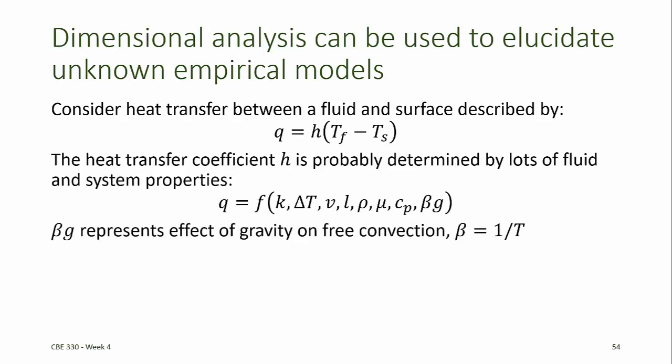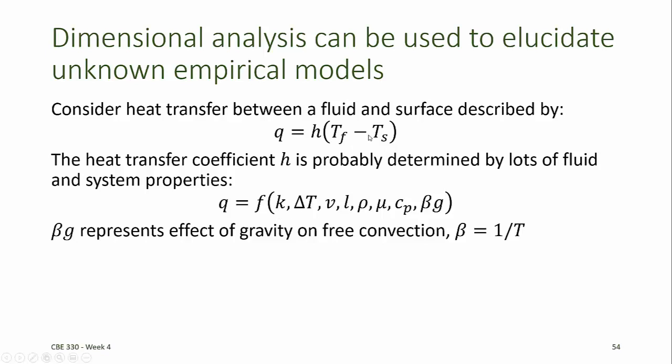So that heat transfer coefficient probably depends on lots of properties of the system and the fluid. We want to rewrite this model equation as the heat transfer rate, instead of being proportional to h times delta T, we want to write it as a function of the properties of the system. These might include things like the thermal conductivity of the fluid.